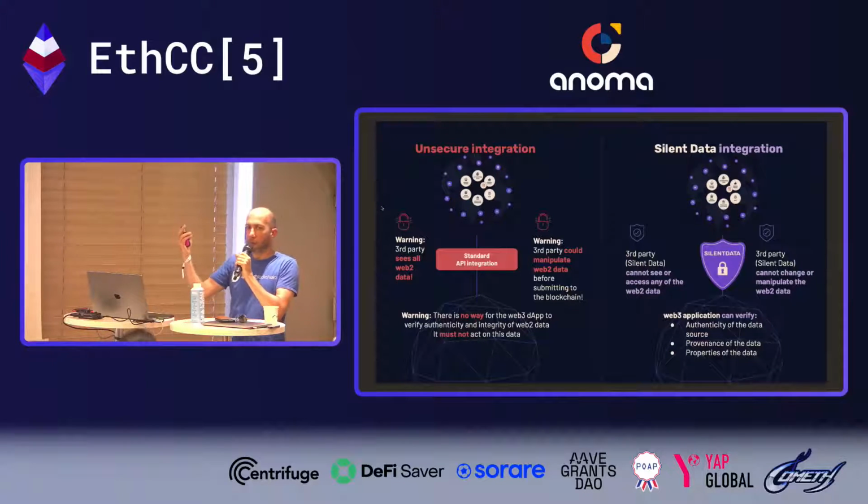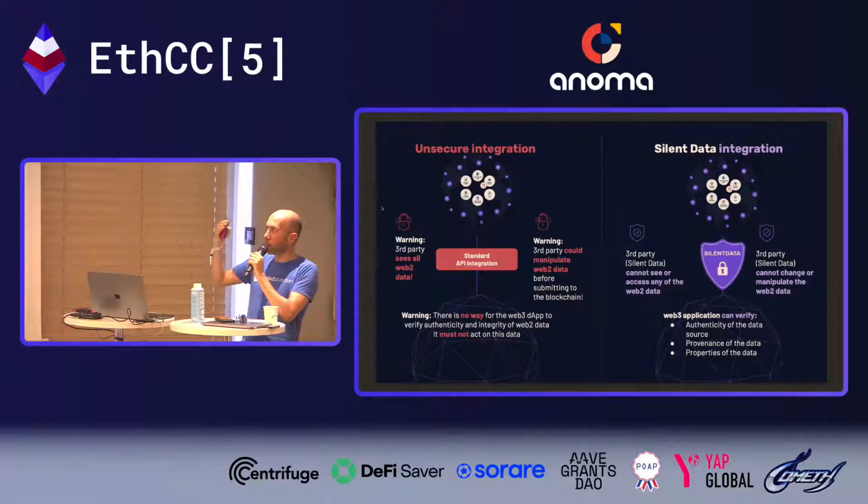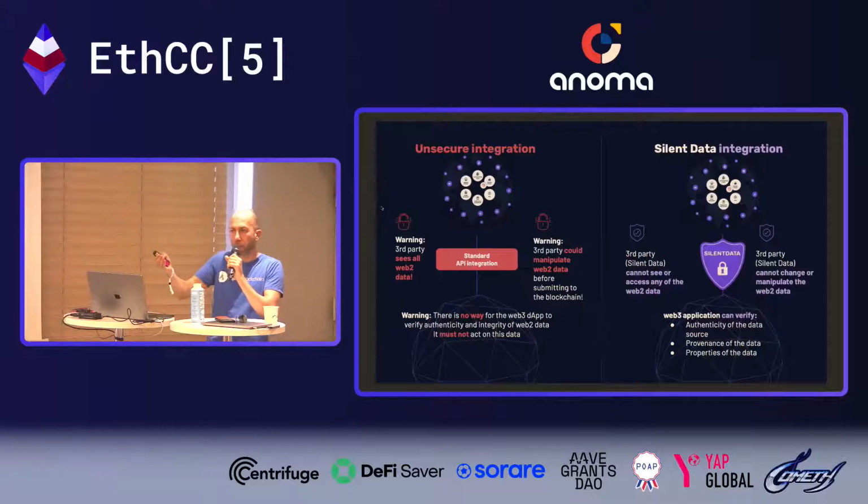And two, they can actually change it to the original data source, and therefore the blockchain or the smart contract application has no way to know whether this is original data that's come from the original API, or whether it's actually been fabricated or interfered with by the API layer.